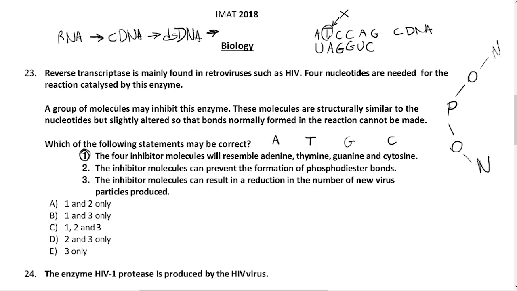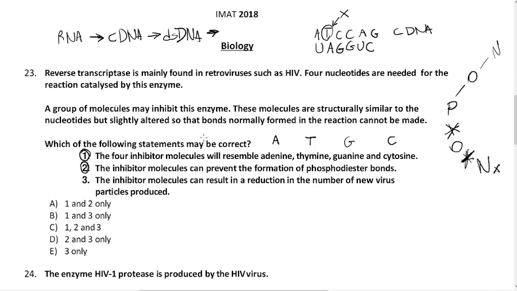So let's say that nucleotide X has some strange feature that does not permit this type of bond. We can see that number 2 is actually a good statement. Number 3, the inhibitor molecules can result in a reduction in the number of the new virus particles produced.